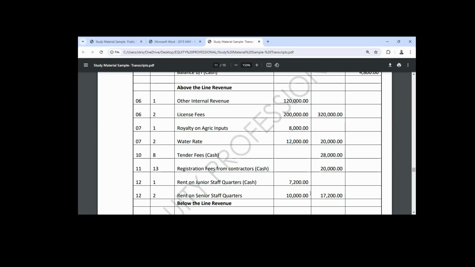When we add two of them together, the summation is 17,002. We now put them in the subtotal. That is our above the line revenue.